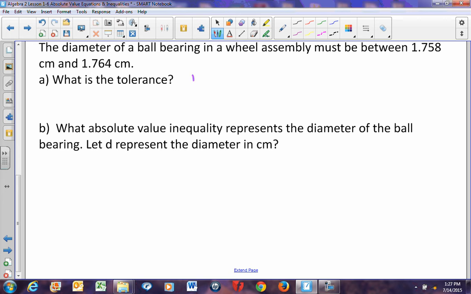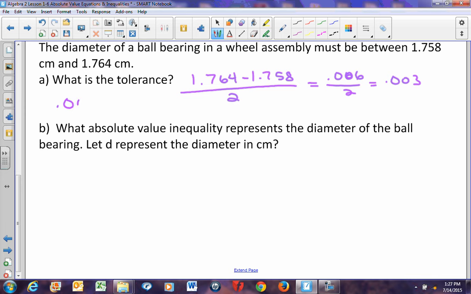So the tolerance is 1.764 minus 1.758, divided by 2. 1.764 minus 1.758 is 0.006. 0.006 divided by 2 is 0.003. So my tolerance is 0.003 centimeters. That's how much I will tolerate it being off.